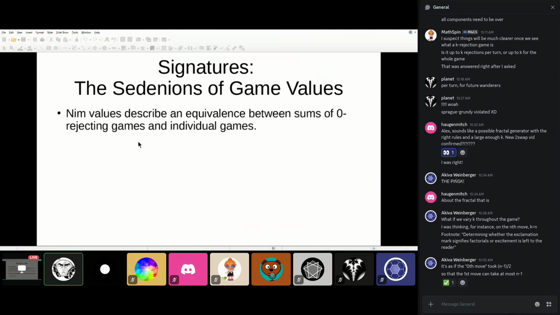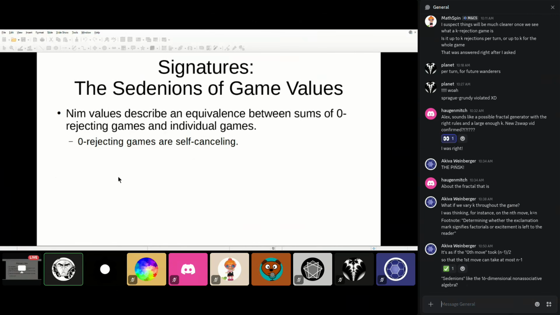And so the thought I had was, well, in zero rejecting games, you can carry out strategy stealing, which means that zero rejecting games are self-canceling. If you have 2 copies of a game, under normal play, if you play one, I can mirror your move in the other and force you to have the last move.